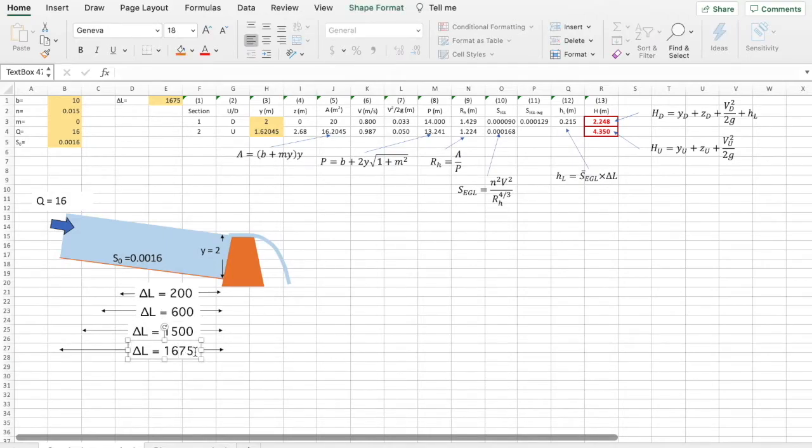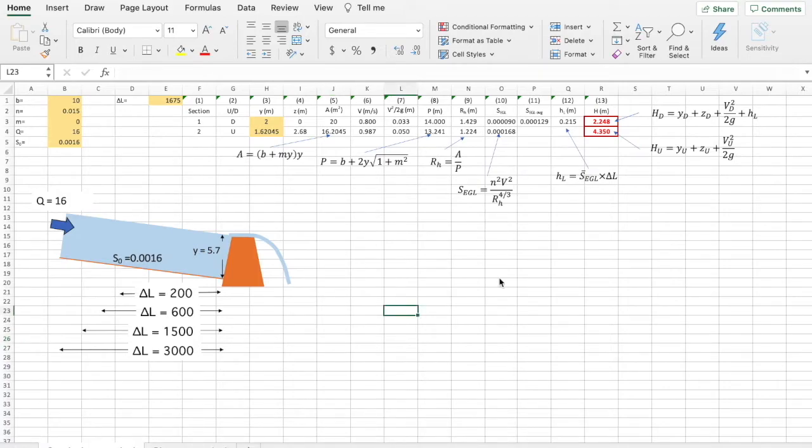And the last delta L equals 3000. And we also know the Y for this problem. The control section Y equals 5.7 meters. Now we can use this table to solve this problem.